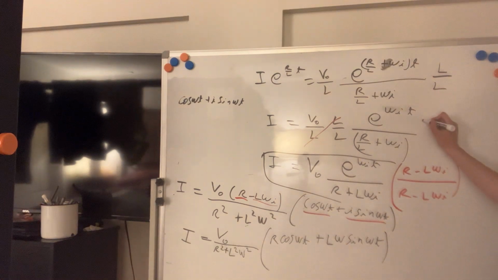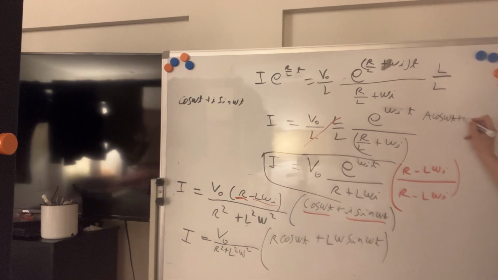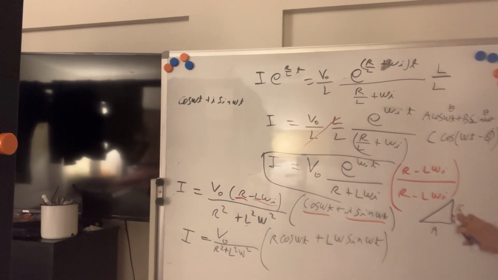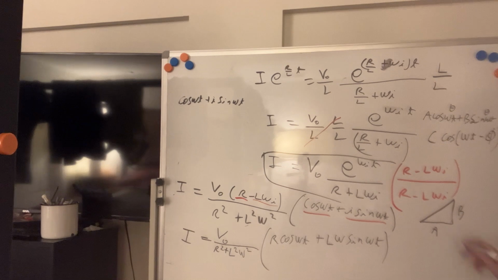Remember that A cosine of omega t plus B sine of omega t, or theta, or whatever you want, this is the same as C cosine of omega t minus phi, phi being just another angle. And this C is, if we have a right triangle here, with this A and this B, C would be this.